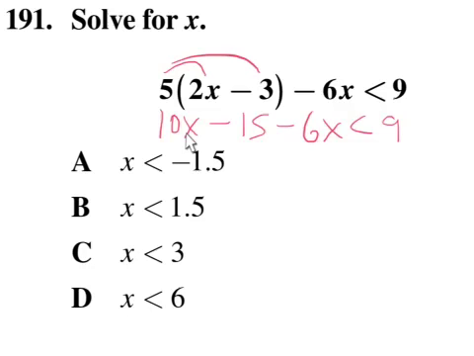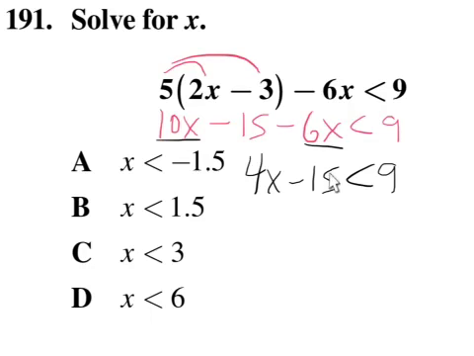Now, is this side simplified? No. You are allowed to combine these two x's. What's 10x and negative 6x? That would be 4x. So we combined these two, got 4x.